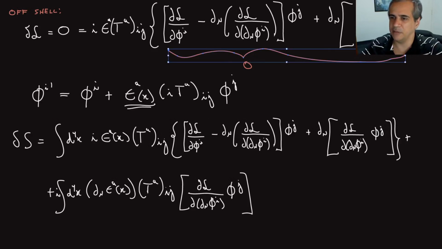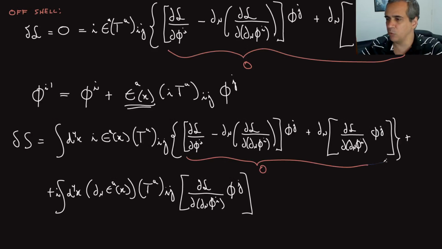So this part is still 0, because that's a conclusion that I derived from demanding the global symmetry, right? This Lagrangian is symmetric under the global transformation, right? Now, under the local, the action changes by this much. This other part is 0.